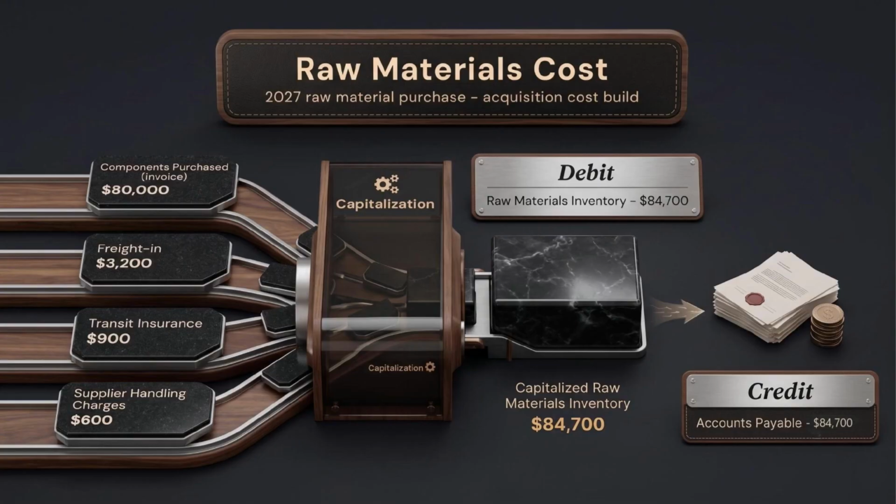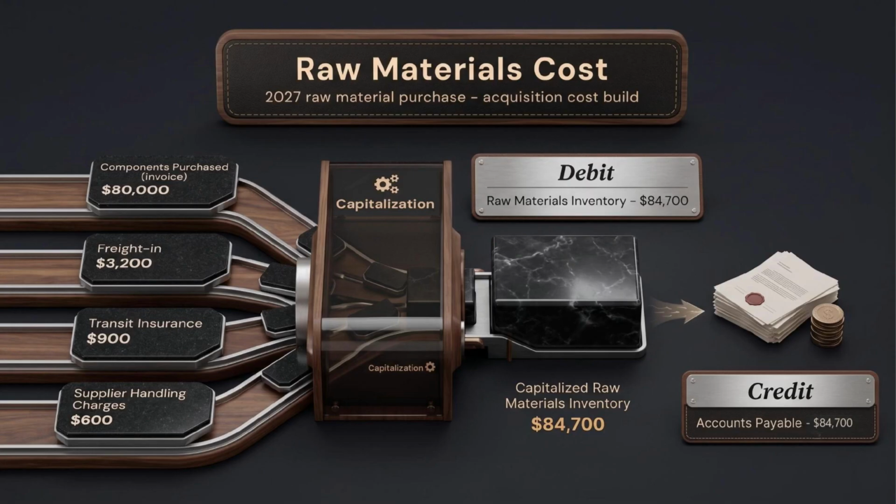Now look at the raw materials example. The entity purchases components for $80,000. Freight in is $3,200. Transit insurance is $900. And supplier handling charges are $600. All four amounts are necessary to bring the components to the entity's location. So the total raw materials inventory cost is $84,700.